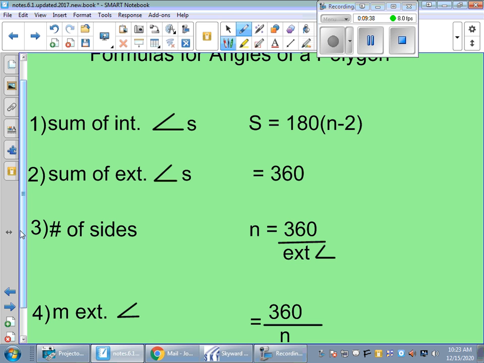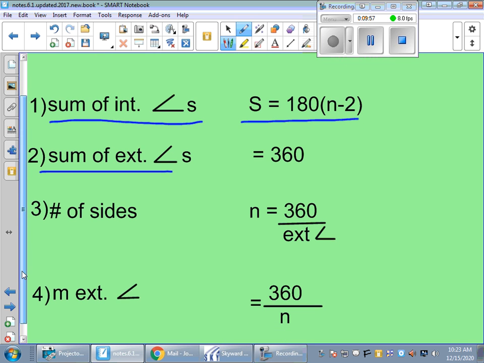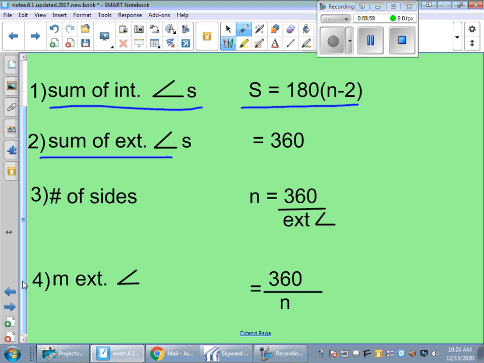So if you want to find the sum of the interior angles, then you use this equation: 180 times the number of sides minus 2. And again, if you have to work backwards through that, you can. The second one is just that the sum of the exterior angles is 360. That should help you out just to know in general what that is. Number 3, if you need to find the number of sides n, you can take 360 divided by an exterior angle.